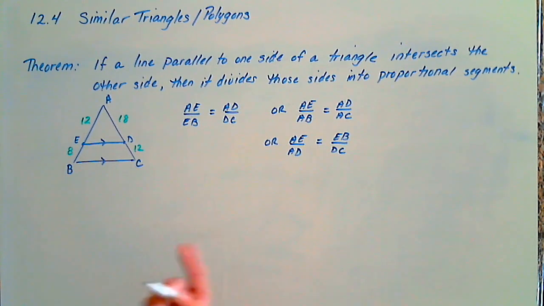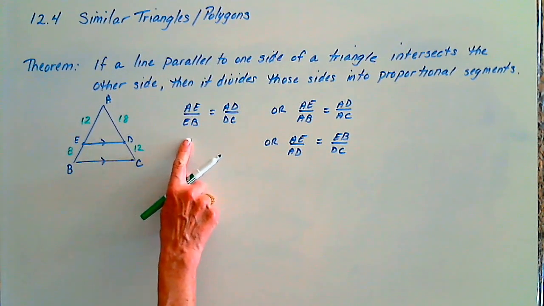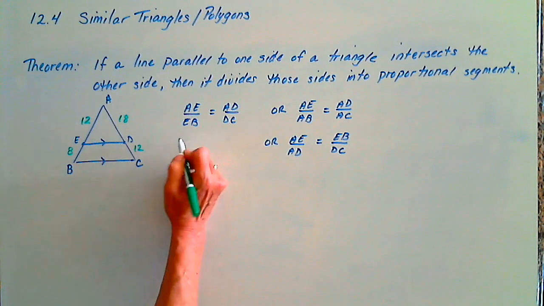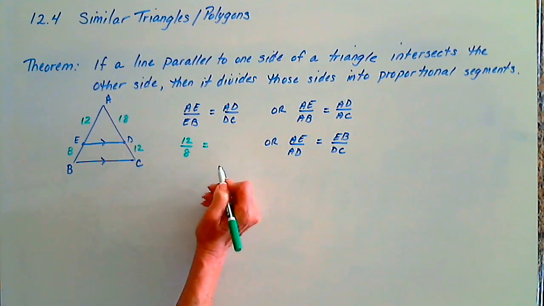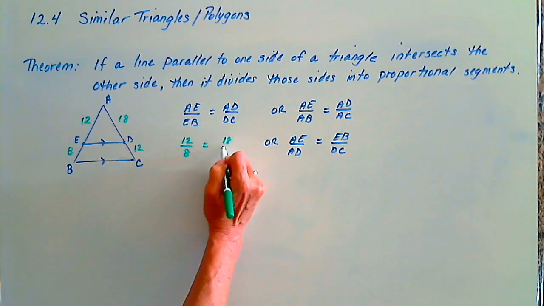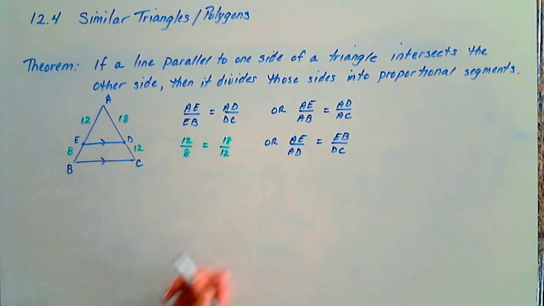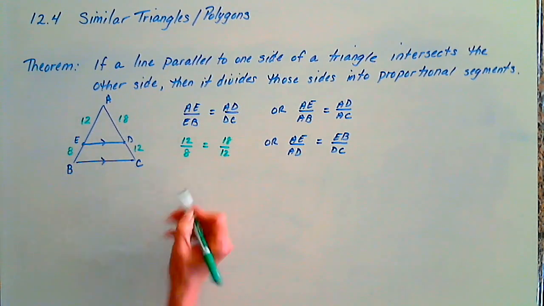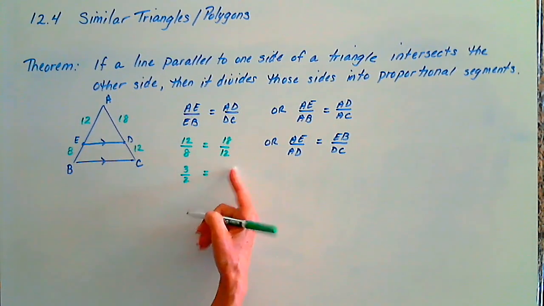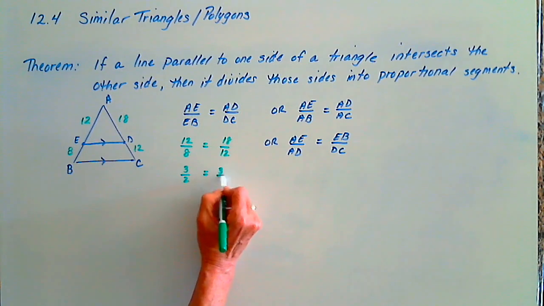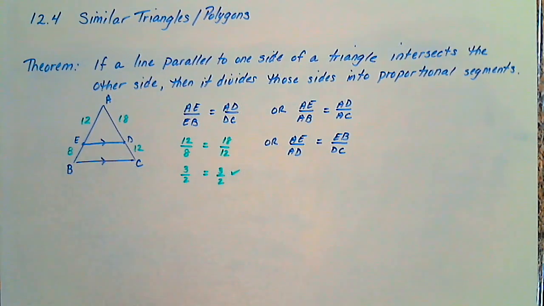We can look at all of these. AE to EB, that would be 12 is to 8 as 18 is to 12. If I reduce the left side by 4, I get 3 halves. If I reduce the right side by 6, I get 3 halves. So sure enough, it works.